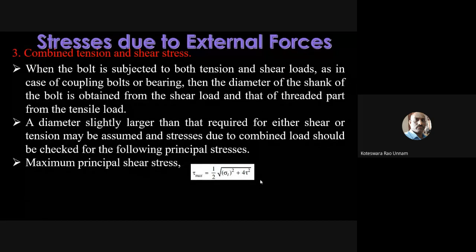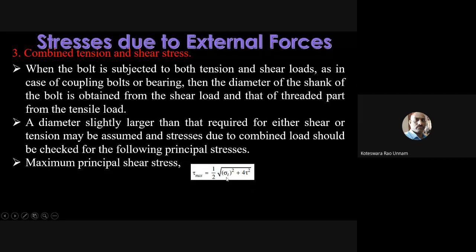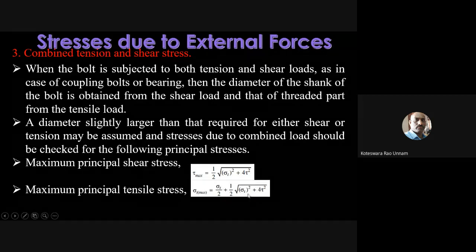The formula for the maximum shear stress is half into square root of sigma t square plus 4 tau square, and the formula for the maximum principal stress, sigma 1, is sigma t by 2 plus half into square root of sigma t square plus 4 tau square. Once you have this, then you need to compare.